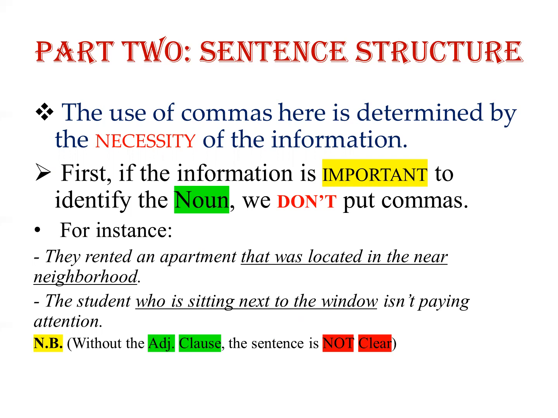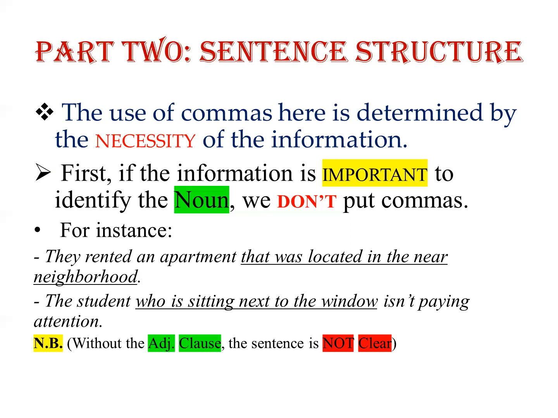Second example: the student who is sitting next to the window isn't paying attention. Try to delete the adjective clause: the student isn't paying attention. Imagine you are sitting in a class and your friend comes to you and tells you the student isn't paying attention. You will reply, I have more than 35 students in the class.